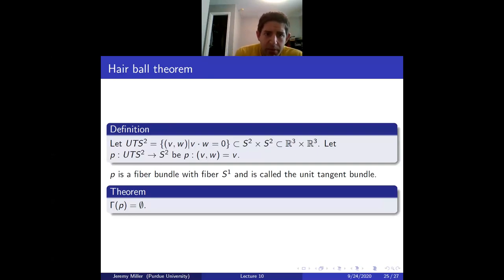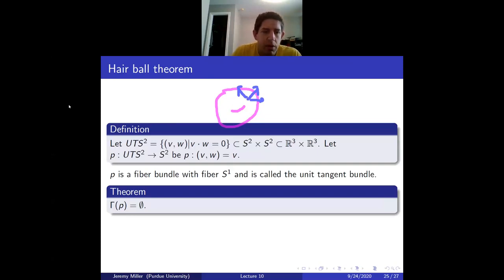Living in R3 cross R3, you can just project onto one of the two and forget the other. So we have this sphere, and at each point we have a fiber bundle where the fiber is the set of all unit length vectors.